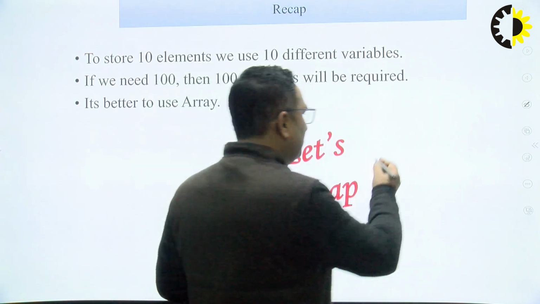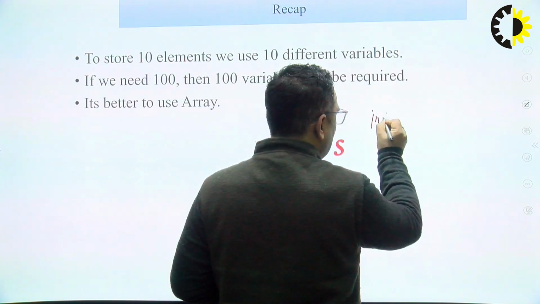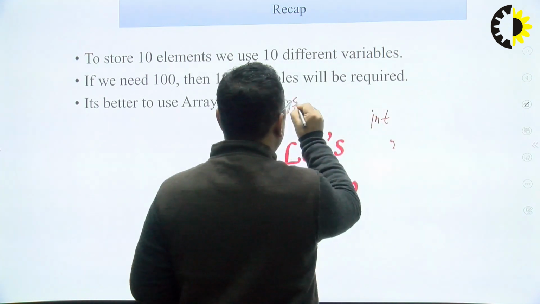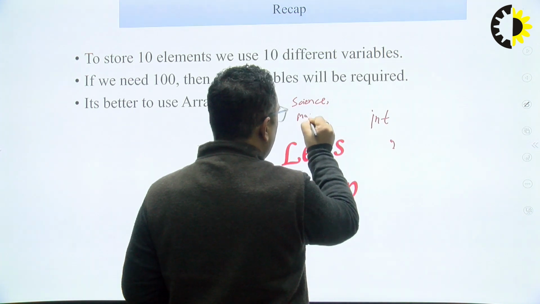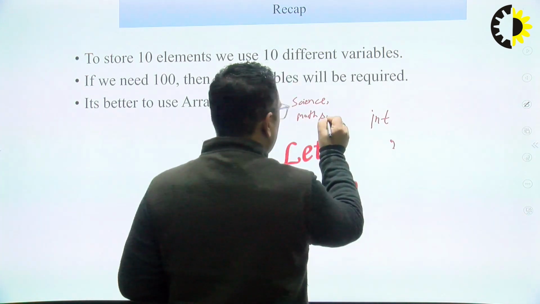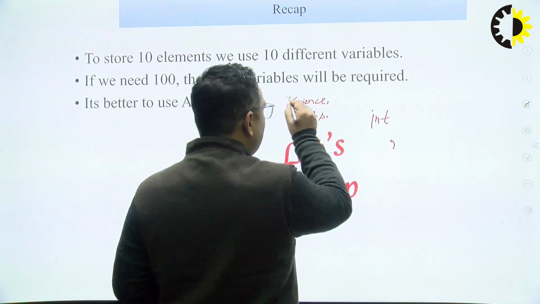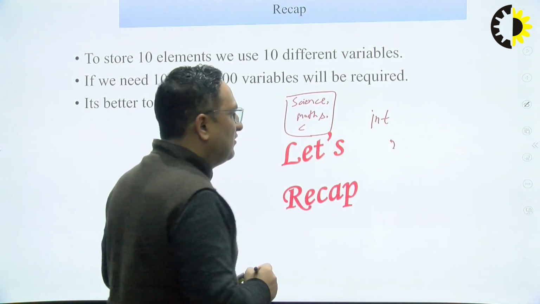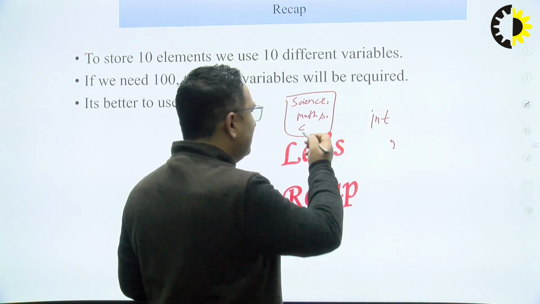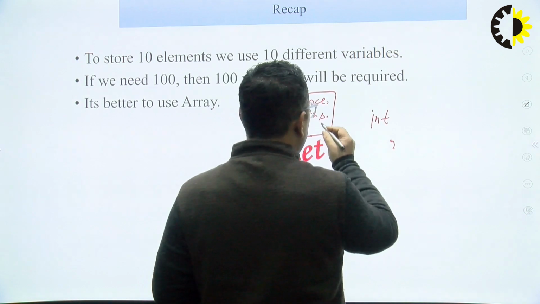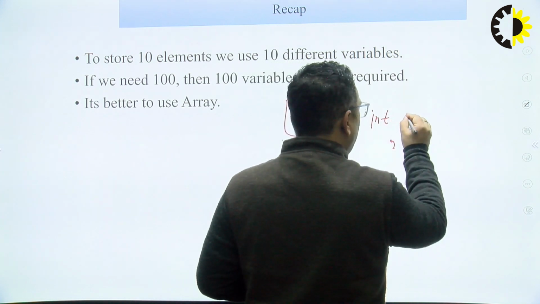For example, I have different subjects like science, maths, and C can be one subject, and I want to store the marks of these subjects. So essentially, I would require different variables to hold the values of the marks of these subjects.